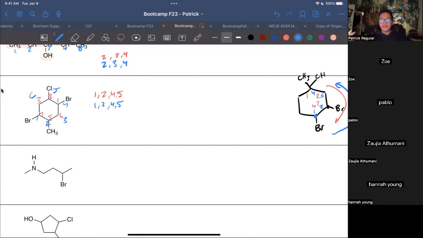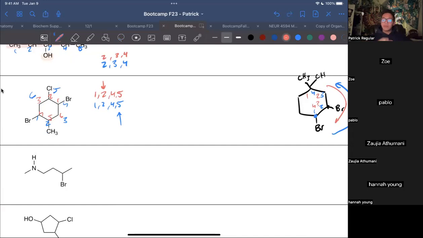You have to look at the next layer of tiebreaker. Which one gives me the lowest numbering for the next lowest alphabetical? And that would be chlorine. All right, chlorine would get 2 in the pink numbering scheme. Chlorine would get 5 in the blue numbering scheme. So I want chlorine to get number 2 because, again, a second alphabetical tiebreaker.